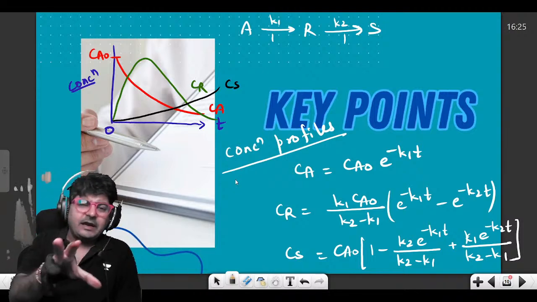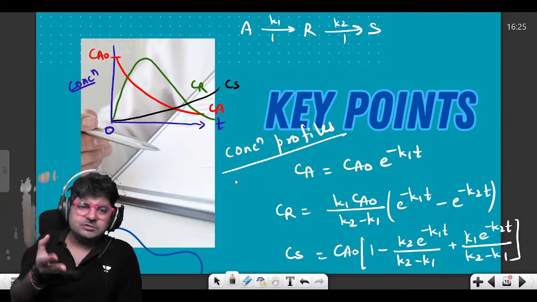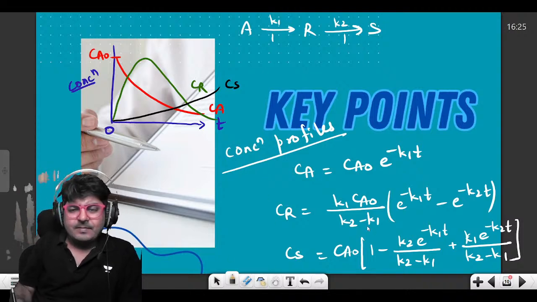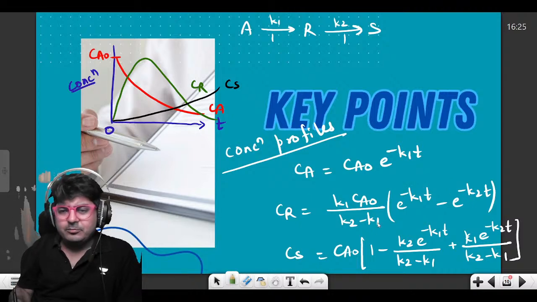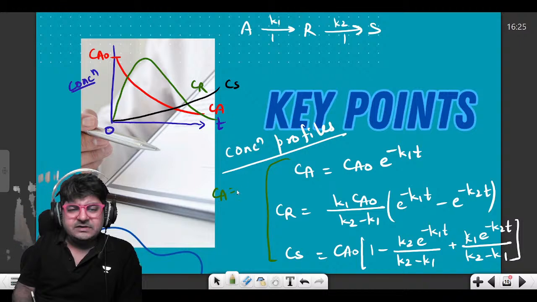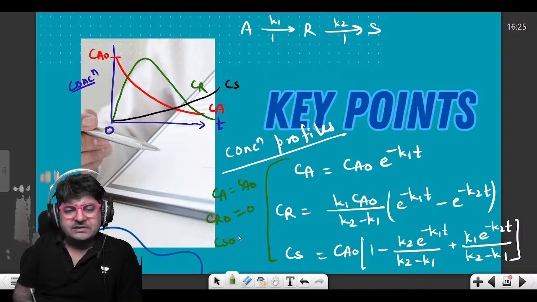So at any time T, we have drawn this concentration profile. And as per this profile you can see, I want to clear one more point here: all these equations are valid when Ca is equal to Ca naught, Cr naught is 0 and Cs naught is also 0.